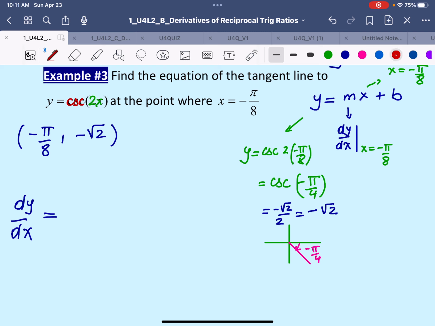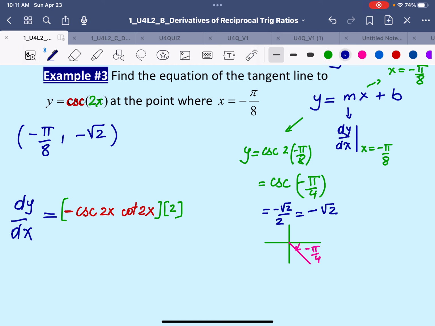The derivative of cosecant is the function itself multiplied by cotan. You don't change the angle inside. Don't forget the minus, because the derivatives of trig functions that have a prefix of co will always be negative. Then you multiply by the derivative of the inside function, the derivative of 2x, which is 2.